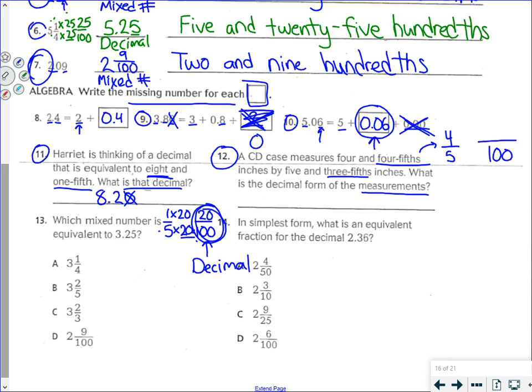Actually, I'm going to teach you guys something here. Notice when we had fifths over here, we didn't need these zeros. It could have been just 2/10.